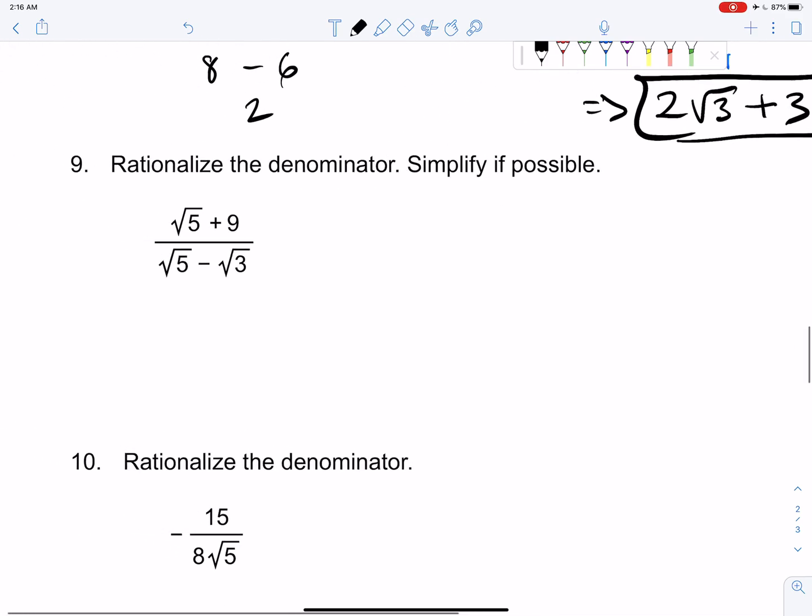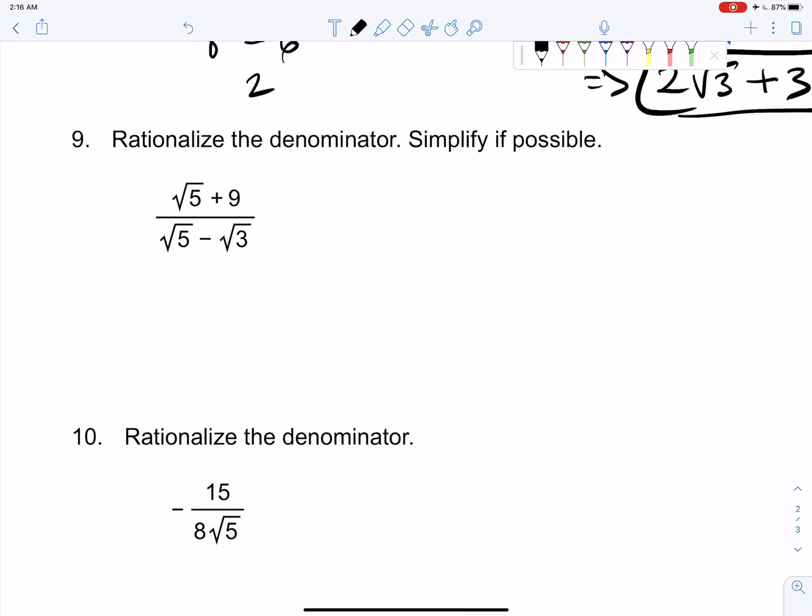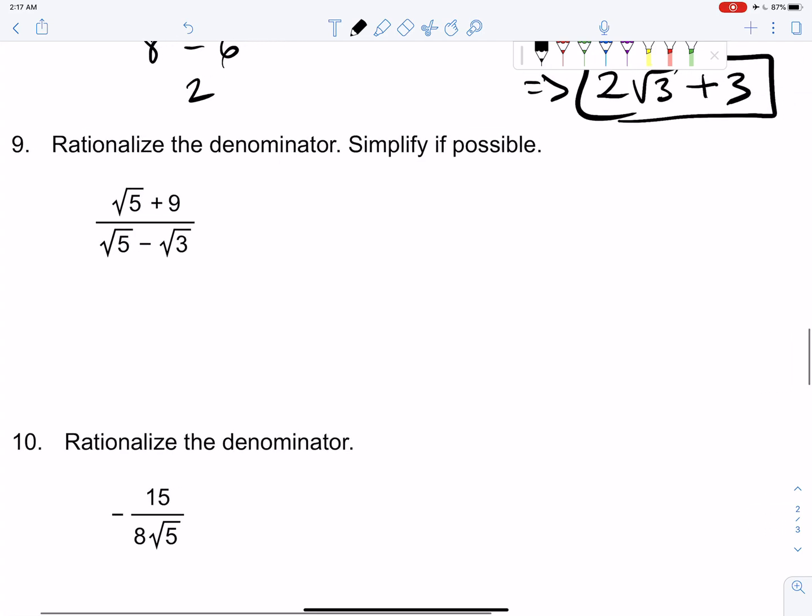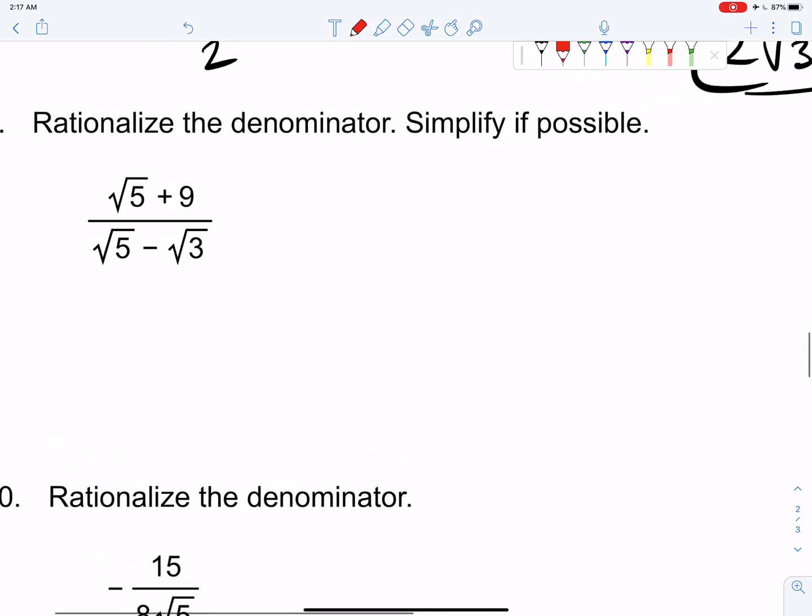Now moving on down over here. Oh, it's getting tougher and tougher. Now the denominator is not tough, it's just that the numerator is going to make the problem a little bit tougher. But we can do it, can't we? Yes, we can. So now we go ahead and multiply. The denominator is driving this whole train here, right? Because we want to multiply by the square root of 5 plus the square root of 3, making sure that these signs are opposite so we get this conjugate, also giving us this difference of two squares situation.